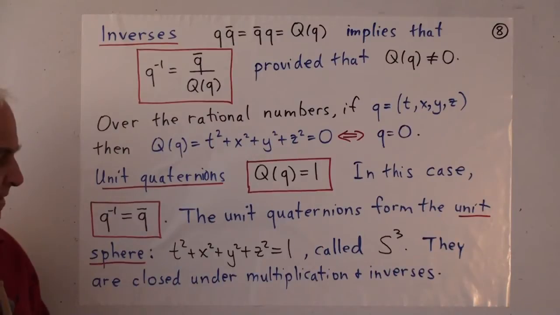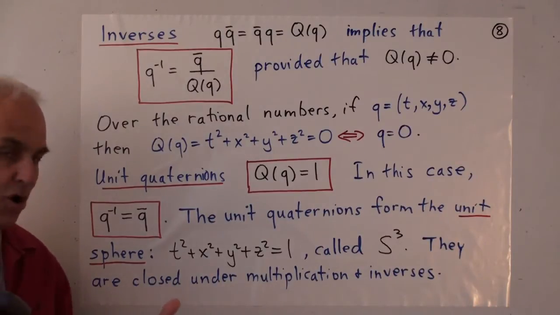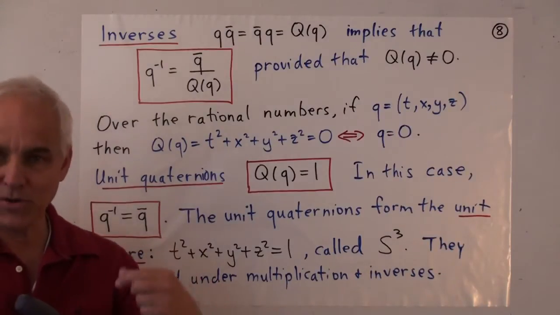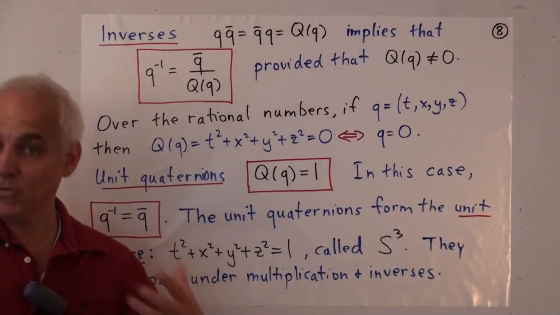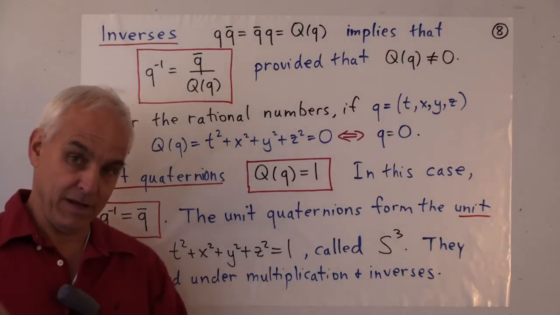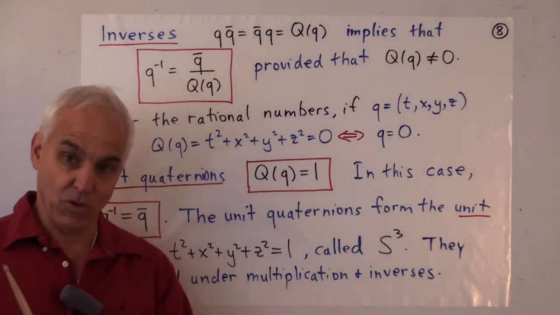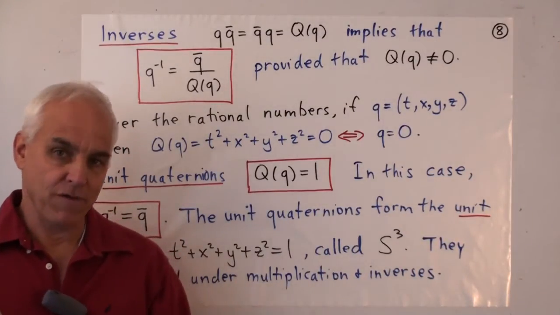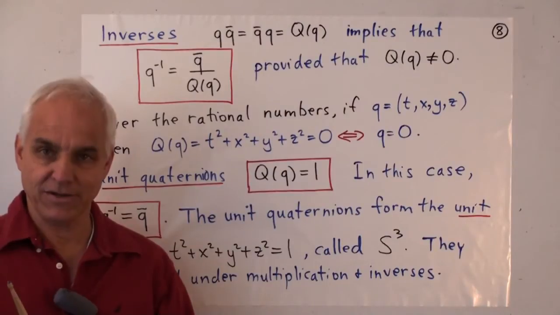So this is in algebra called a group structure. Just as the unit circle in complex numbers has a group structure, so does the three-dimensional sphere in this four-dimensional space have a group structure. It's an important consequence of this quaternionic structure.